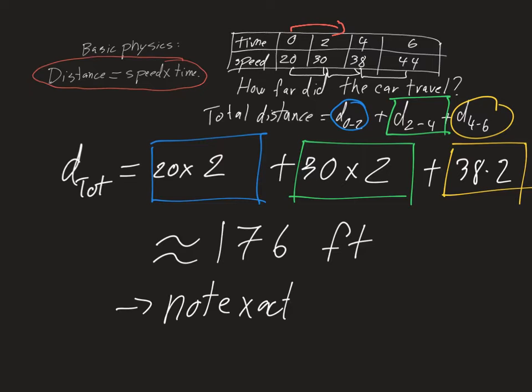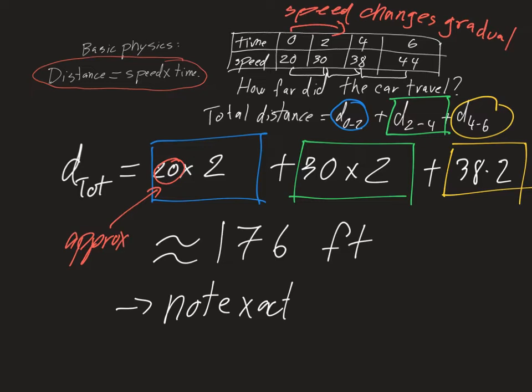So from here to here, our speed changes. And this change is gradual. It's not sudden. And because of this, this 20 here is really just an approximation of what our speed or our average speed is throughout this first interval of time. The same is true for all the other intervals as well.